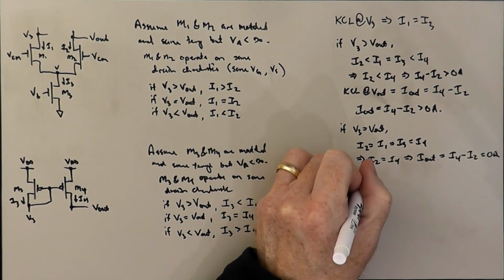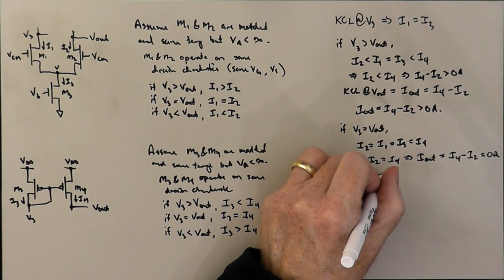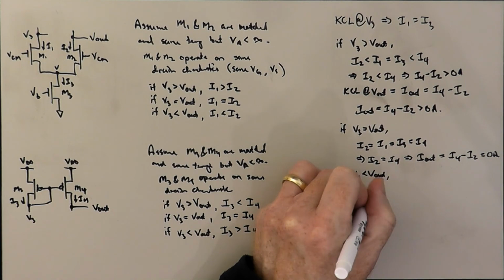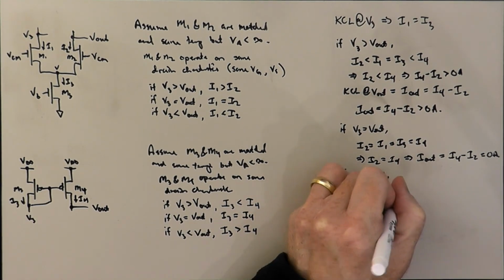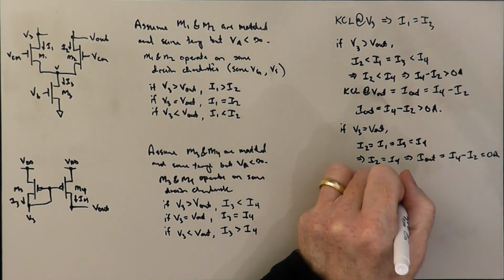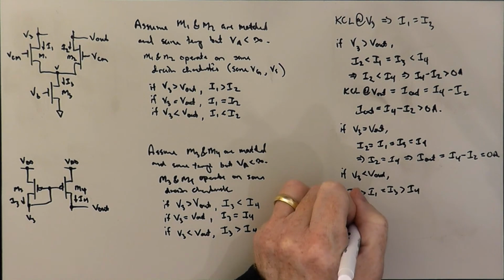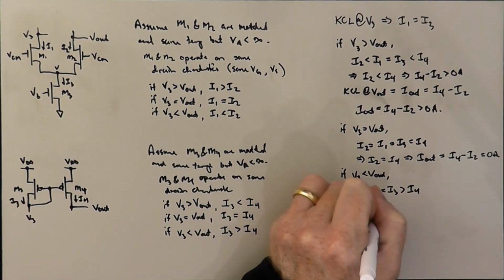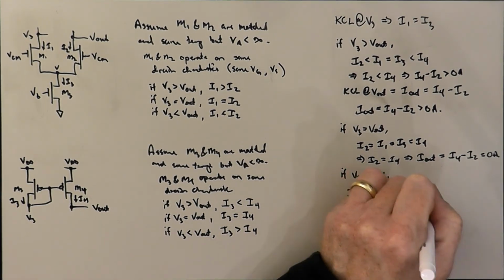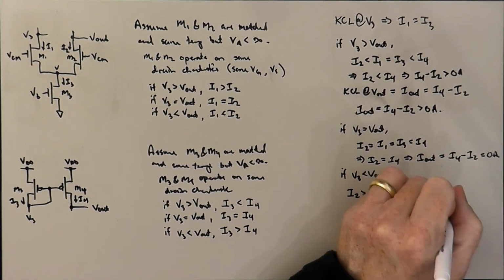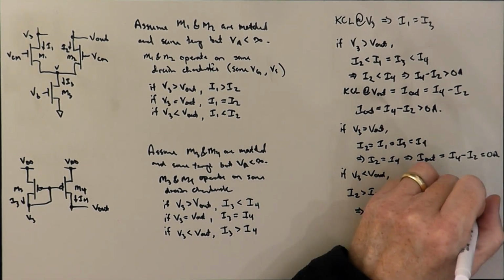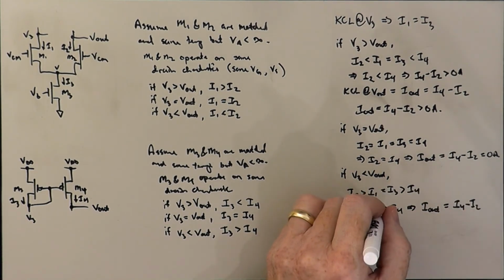If V3 is less than V out, the last case, we have I2 is greater than I1, which equals I3, which is in turn greater than I4. So we have that I2 is greater than I4, which means that I out is going to be, again, I4 minus I2, which is going to be less than 0.